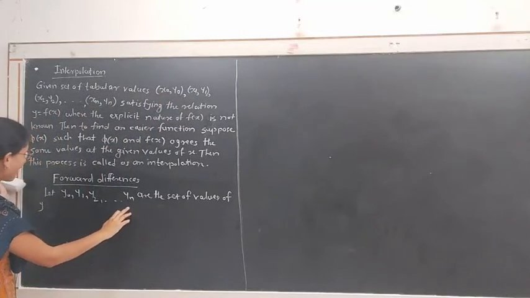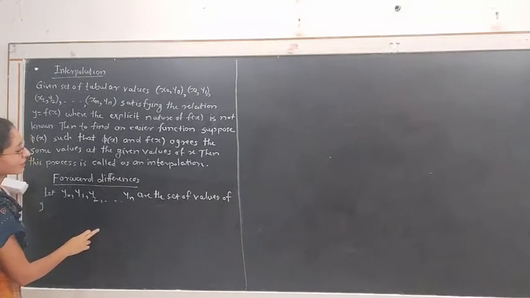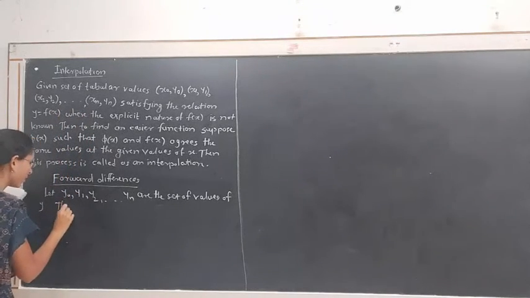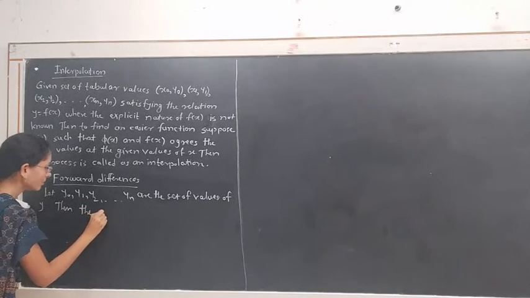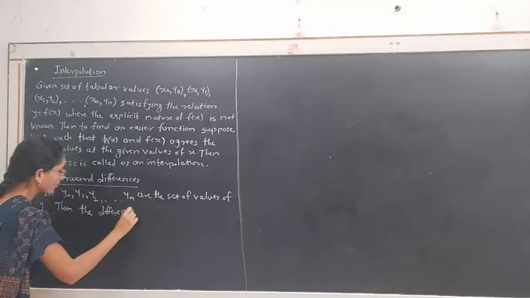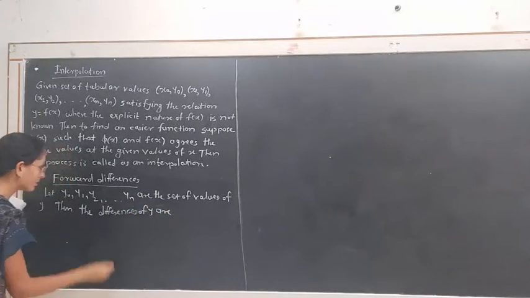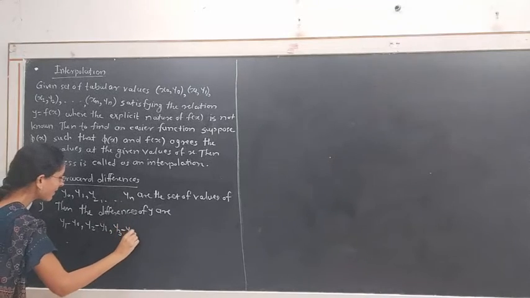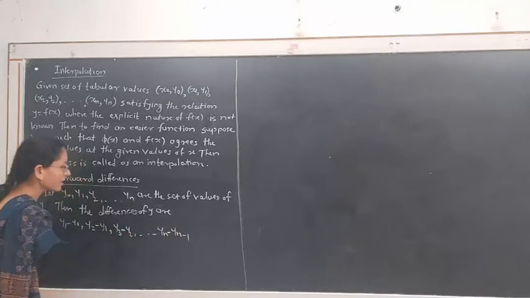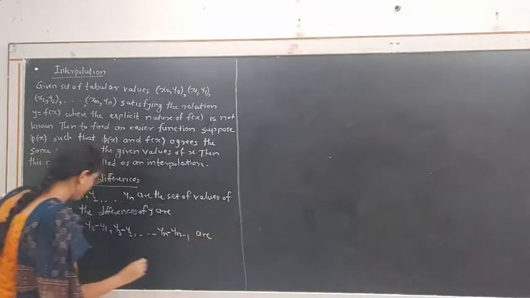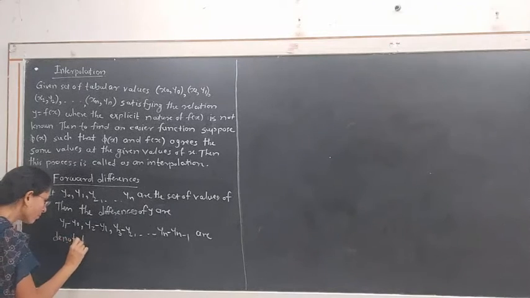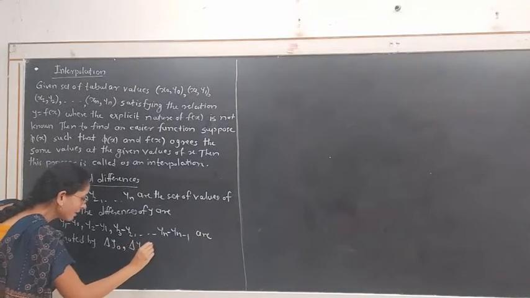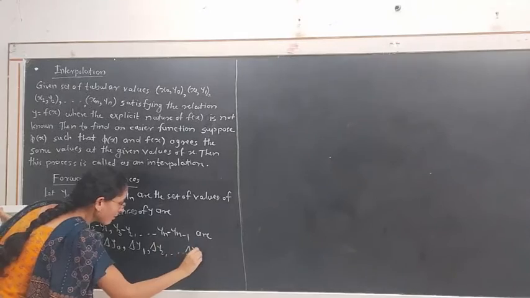If these are the set of values of y obtained by using the corresponding values of x, namely x0, x1, x2 up to xn, then the differences of y, which are y1 minus y0, y2 minus y1, y3 minus y2, yn minus yn minus 1, are denoted by del y0, del y1, del y2, del yn.